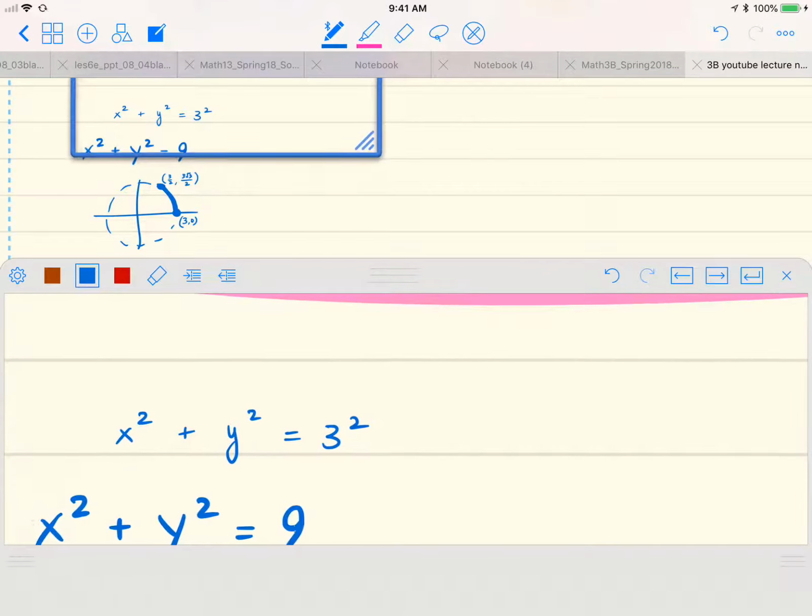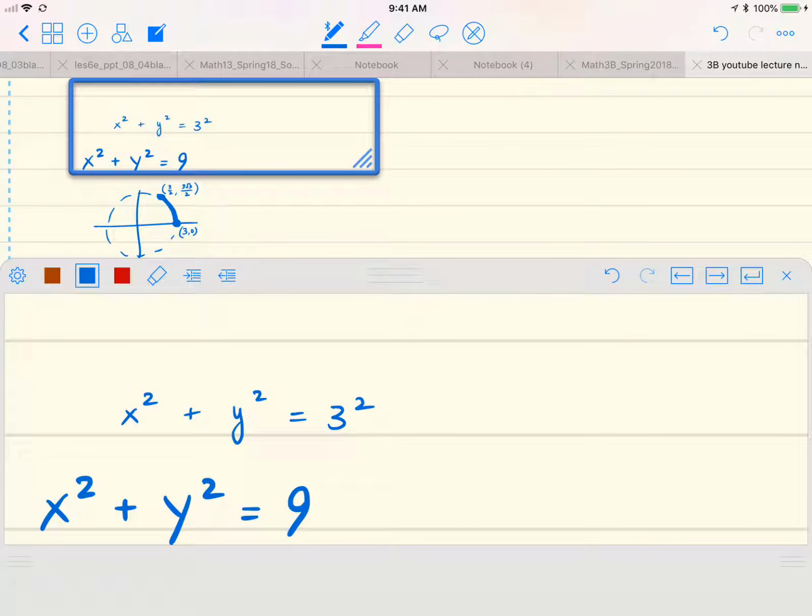And if we let x equal cosine t and y equal sine t, then x squared is cosine squared t, y squared is sine squared t, and that would just give us 1, right? So to get the unit circle, we used cosine squared t plus sine squared t equals 1.